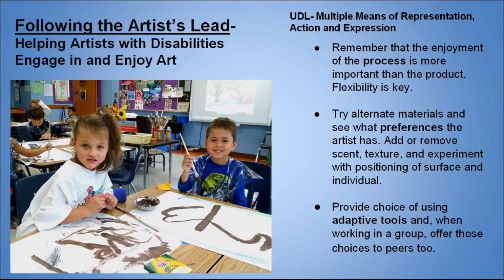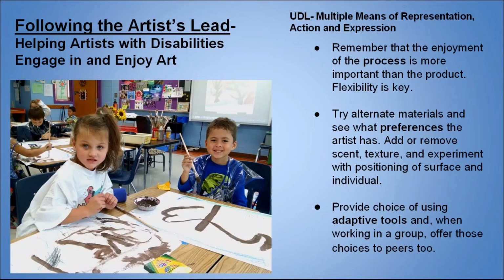And remembering that the process is really the more important part of this, and not creating a product as much as a process. Flexibility is really important, and when you're thinking about multiple options, try out materials based on what preferences the artist has.